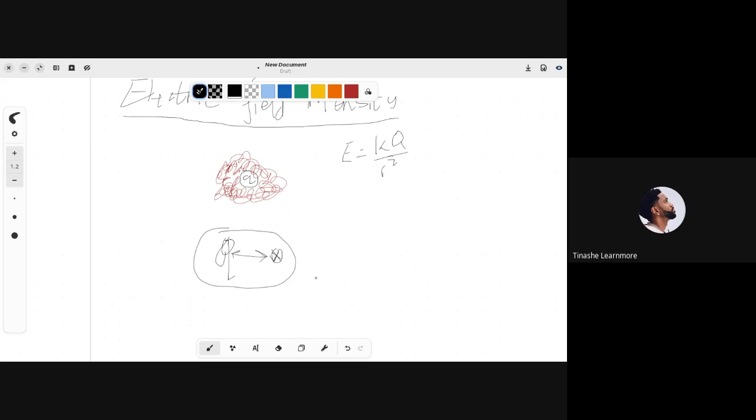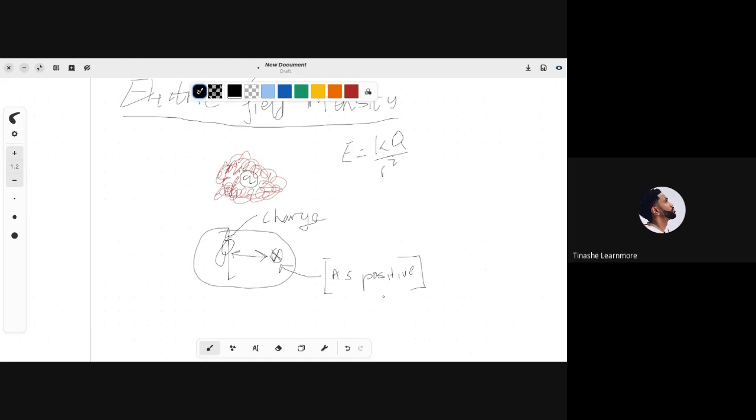With such questions, remember Q will have its own charge, but now X is taken as a point. We're going to take this point as positive all the time, and this is what we call the positive test charge.